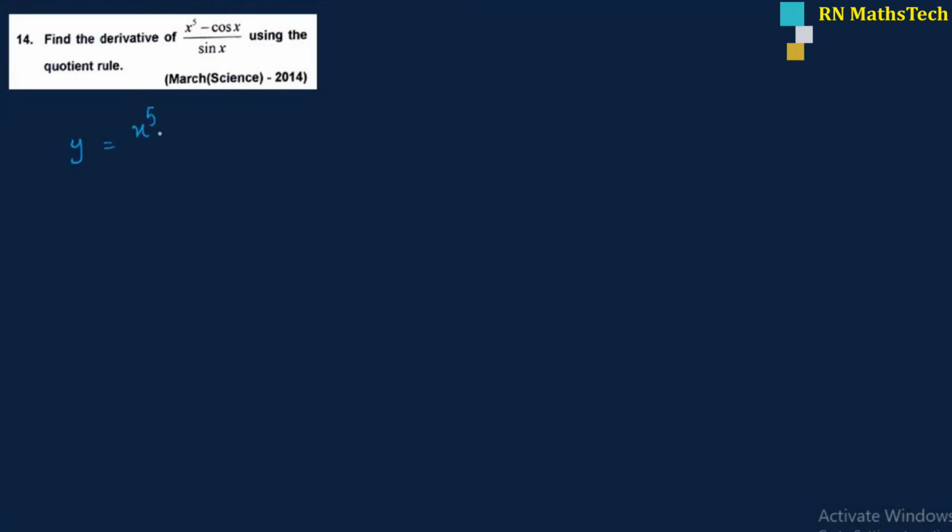x raised to 5 minus cos x divided by sin x using quotient rule.